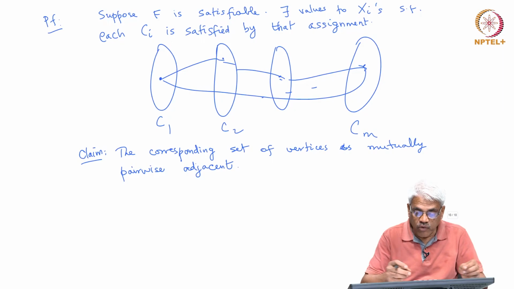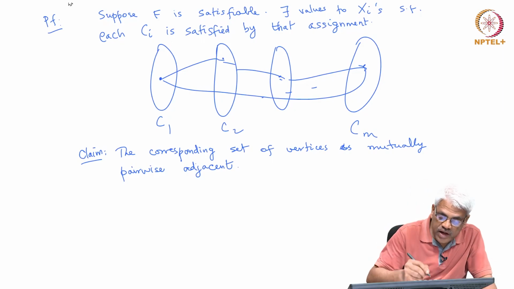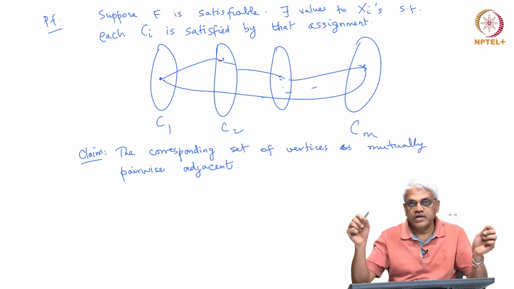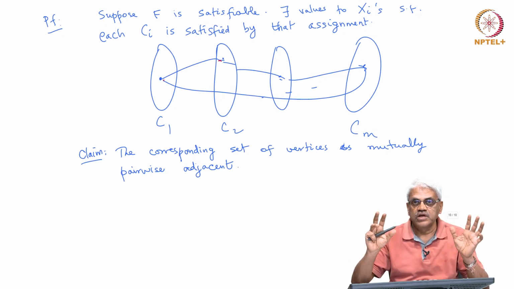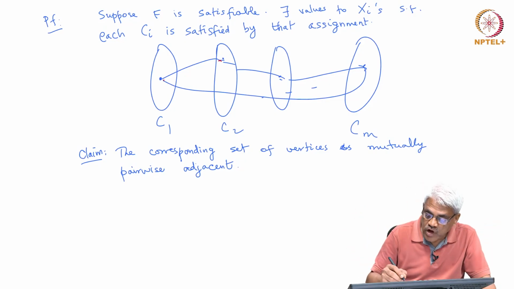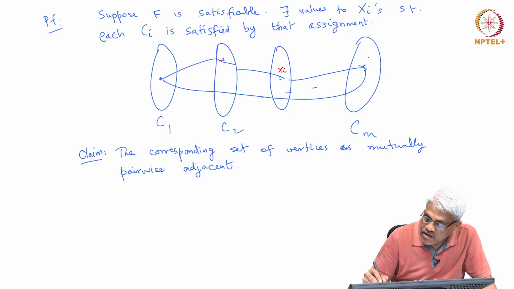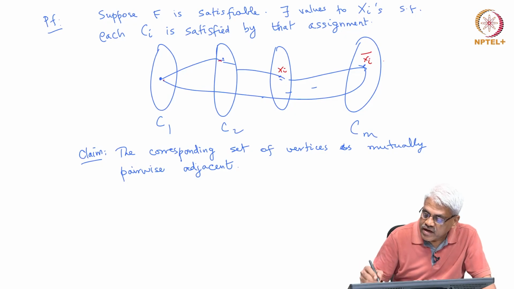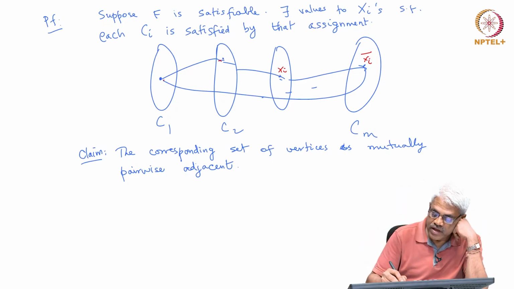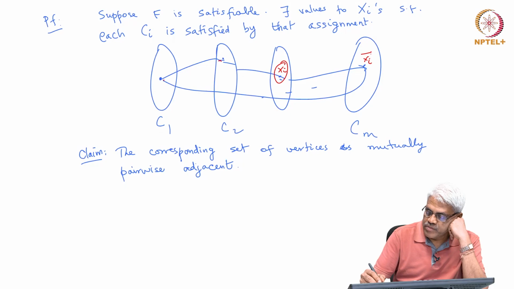I want to claim that for every pair there is an edge. Well, remember I have picked these vertices from different clauses, so no problem. When will I not have an edge? If it so happens that this was some xi and this happened to be xi bar, then I will not have an edge. No, but that is not possible, because why did I pick this variable here? Because it satisfied this clause, which means it was set to true. Then the x bar would have been false.